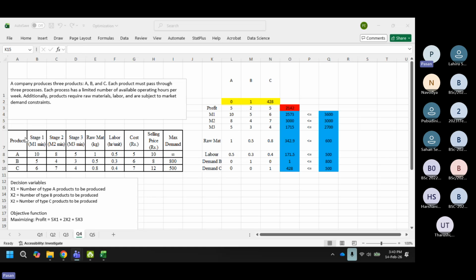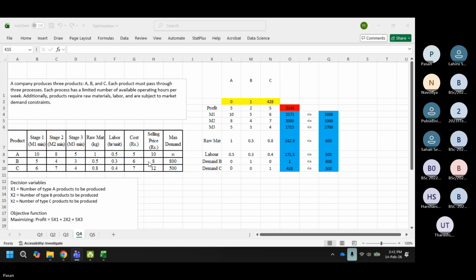In terms of the process, the three stages, the number of time required on each stage for each product is given here. And in terms of the raw material, this is the requirement, and then the labor requirement is given like that, and the cost requirement is given there.